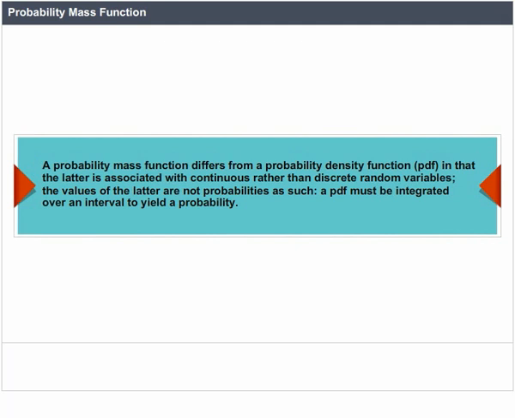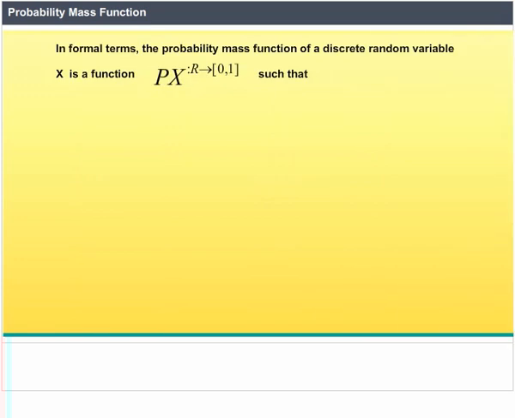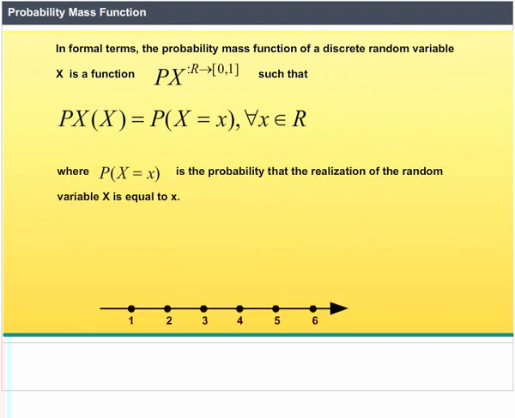The values of the latter are not probabilities. As such, a PDF must be integrated over an interval to yield the probability. In formal terms, the probability mass function of a discrete random variable x is a function p of x from R to the closed interval 0, 1 such that p of x equals probability of X equal to x for every x belonging to R, where p of x is the probability that the realization of the random variable X is equal to x.